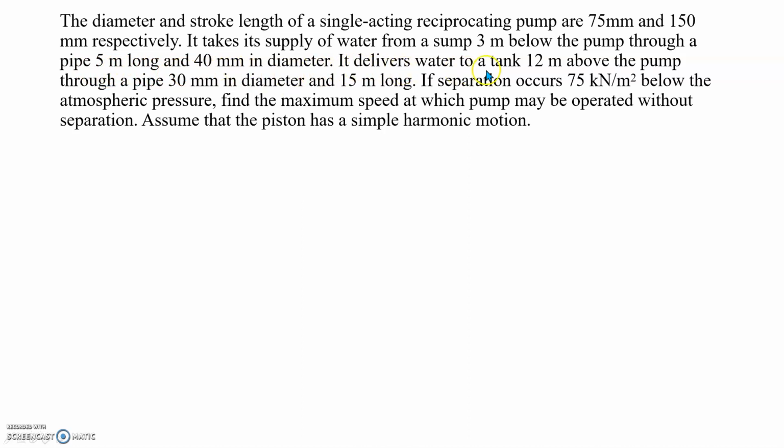It delivers water to a tank 12 meter above the pump through a pipe 30 mm in diameter and 15 meter long. If separation occurs at 75 kN per meter square below the atmospheric pressure, find the maximum speed at which the pump may be operated without separation. Assume that the piston has simple harmonic motion.